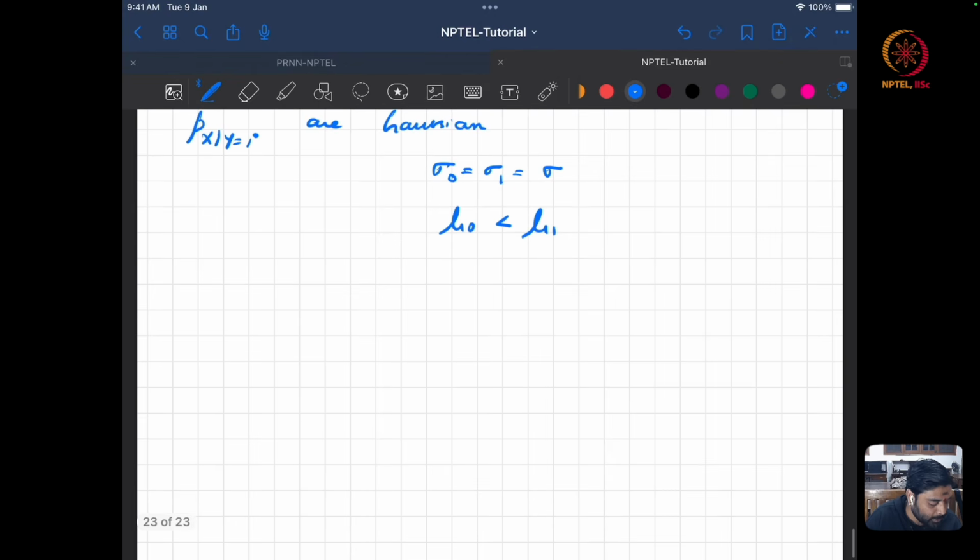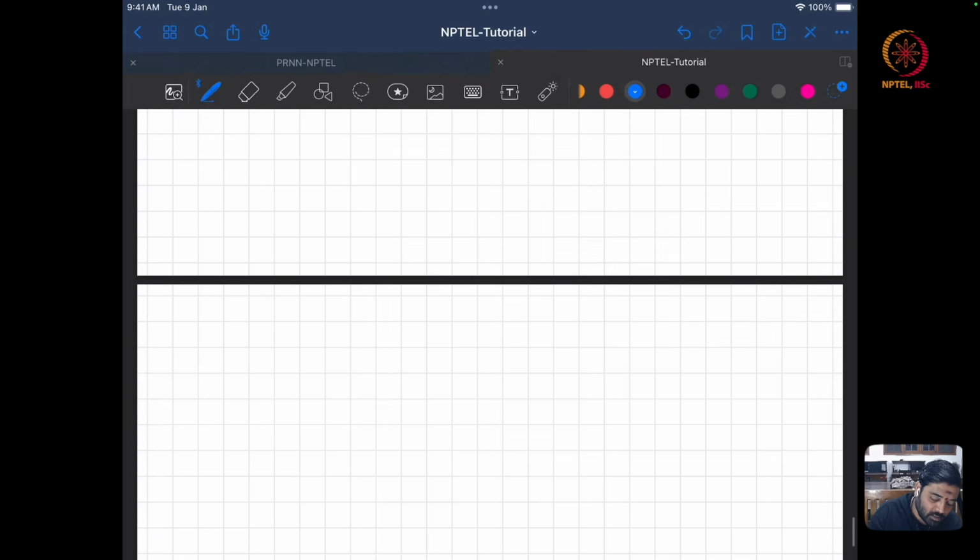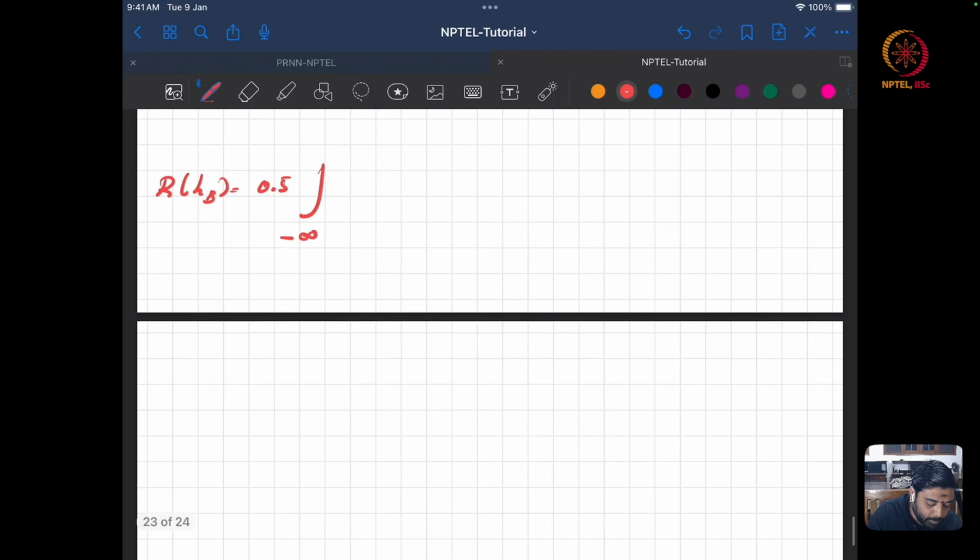So, in this case, HB is equal to 0 if X is less than mu naught plus mu 1 by 2. Okay, now this will be my discriminant function. Now how will my risk be? Okay, now in this case, the risk obtained is the prior into the integral from minus infinity to mu naught plus mu 1 by 2 of the density of X given Y equal to 1.